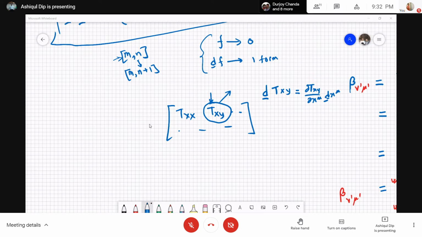If the metric is defined, the connection is already defined. That's not a problem. But when we are taking the exterior derivative, the metric tensor may not be defined, right? We haven't assumed that. Does this definition also work for p-vectors?